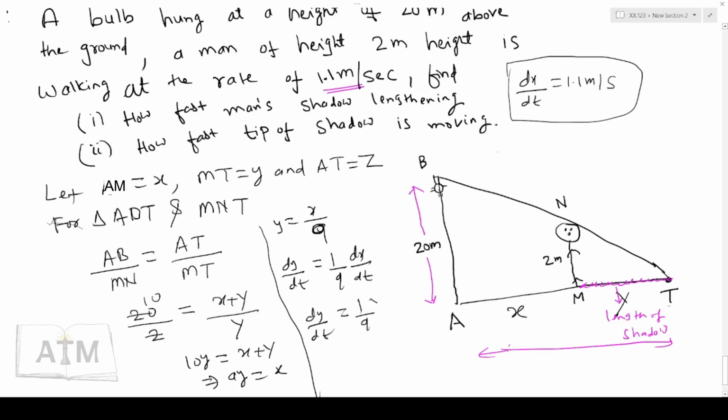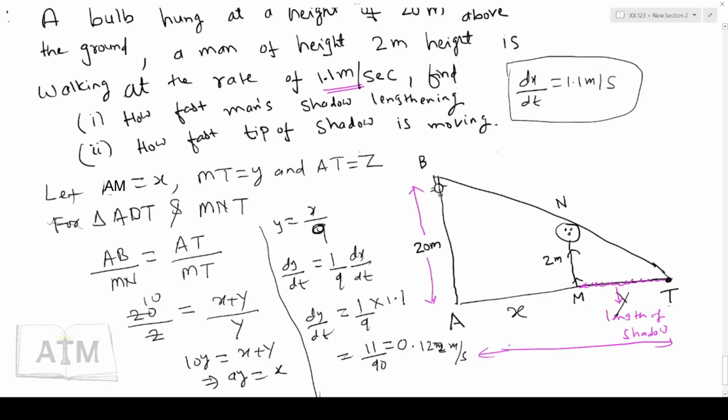So 1 upon 9 into 1.1 is 11 upon 90, which is roughly 0.122 meter per second. So how fast is the man's shadow lengthening? The man's shadow is lengthening at the rate of 0.122 meter per second.